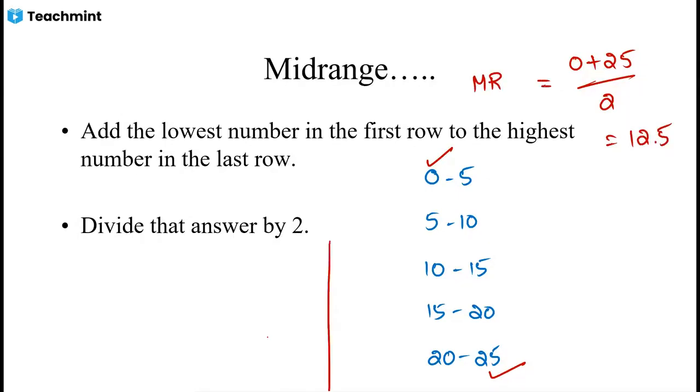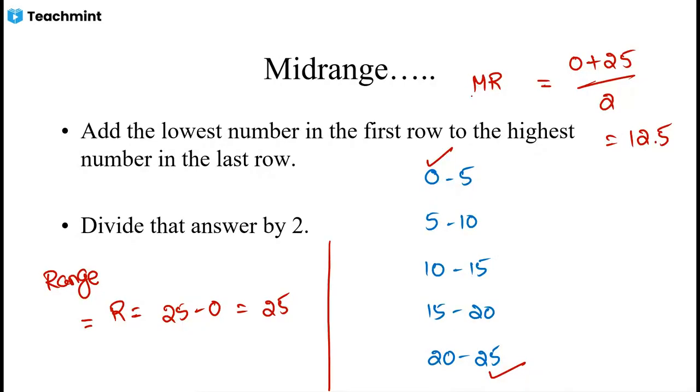What about range, sir? Range is nothing but 25 minus 0: last row, last value minus first row, first value. This is not about the data. In that class or interval, what is the lowest one and the highest one in that range?